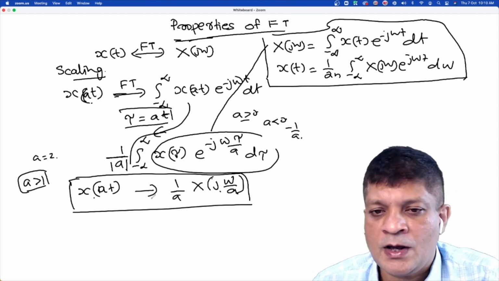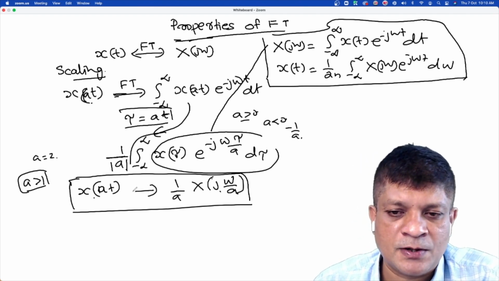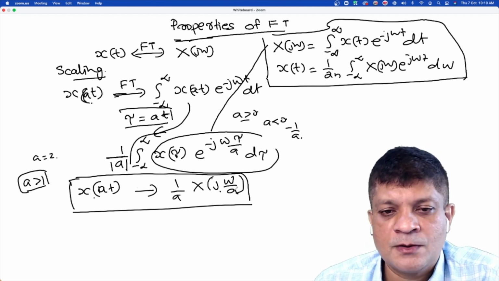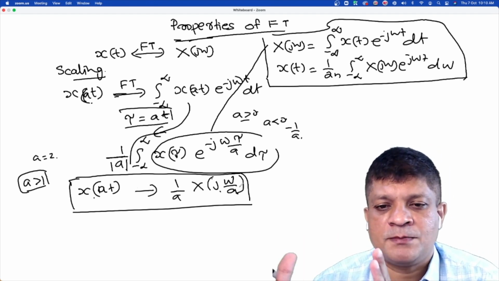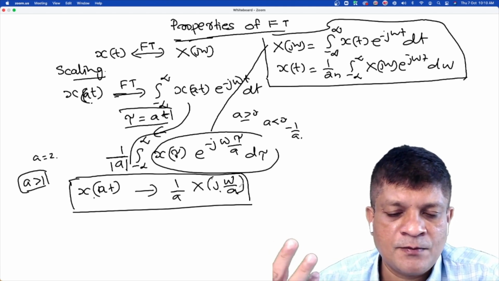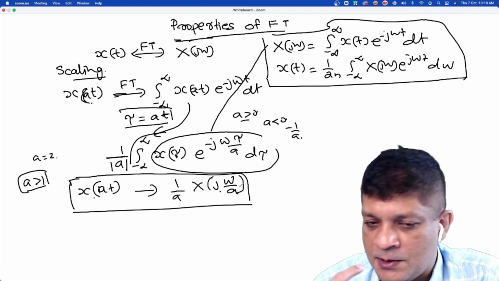Now, what will happen if there is a compression by a factor of 2 in the time domain? What is its effect in the frequency domain? It is expansion by a factor of 2. So there is an inverse relation. If we compress in the time domain, it is expansion in the frequency domain.